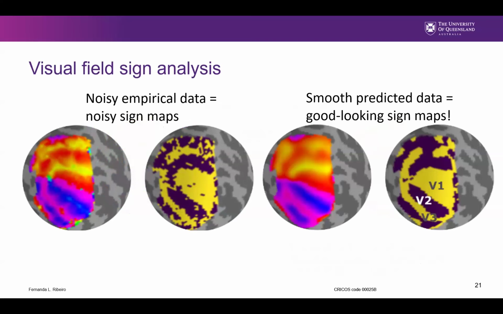But when we run this analysis on our predicted maps, we get very nice sign maps where the boundaries are kind of sharp. So I think it's quite promising for an algorithm to delineate boundaries. Yeah, so it's pretty, and that is the case because our predictions are quite smooth.